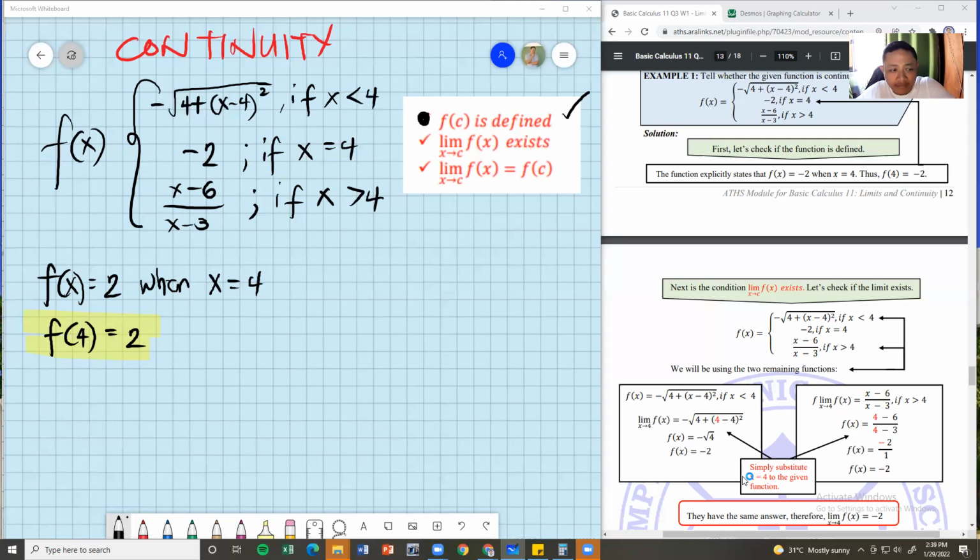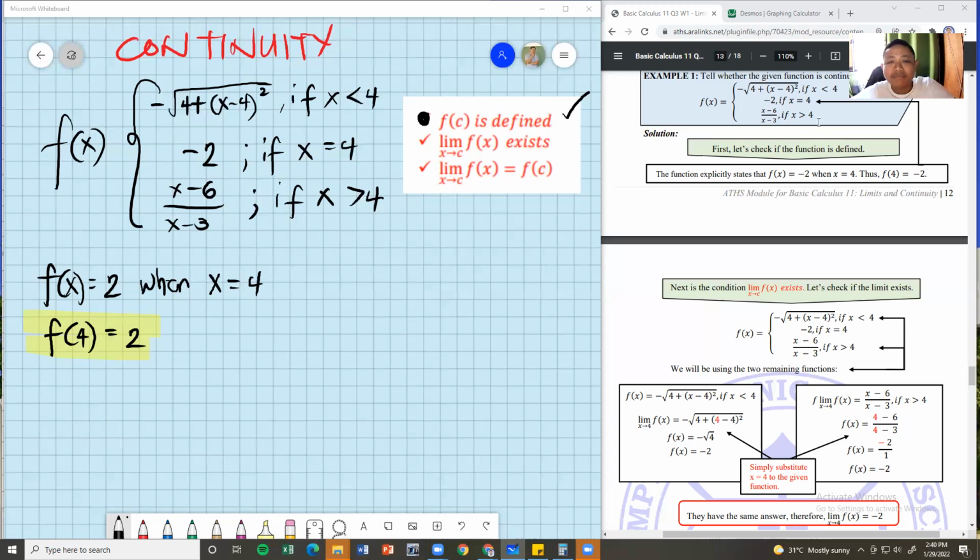And that certain value of x is 4. Lumabas ba yon? Show me your answer. O kaya, reaction na lang. Sige, show me a reaction please. If we were able to satisfy the first one. Very good. Yes, because it shows here that f of 4 is equal to 2. When we substitute x, the value of x, which is 4, the answer will be 2. So defined yung f of c natin.